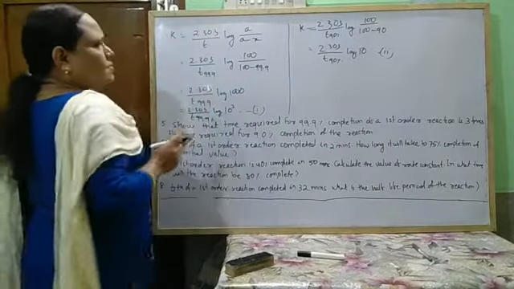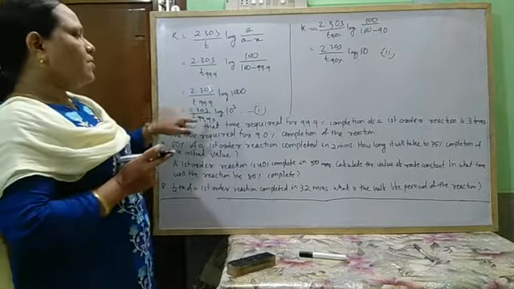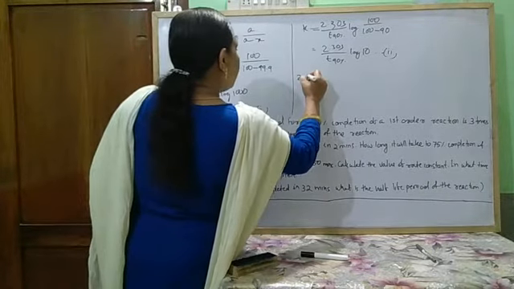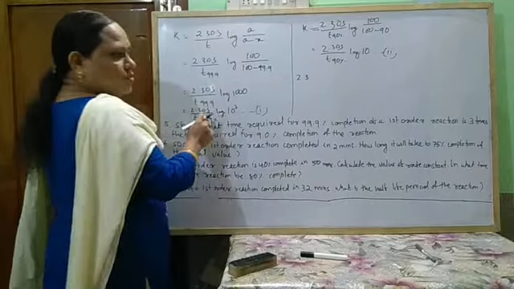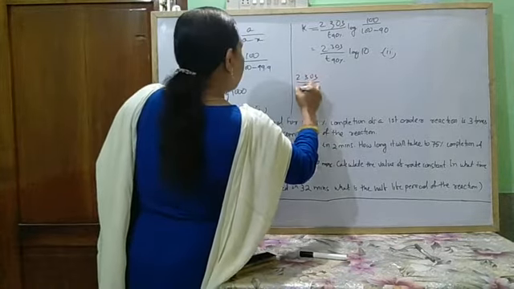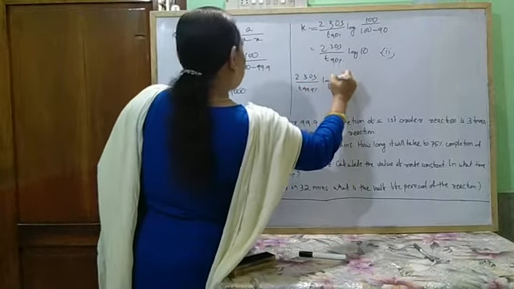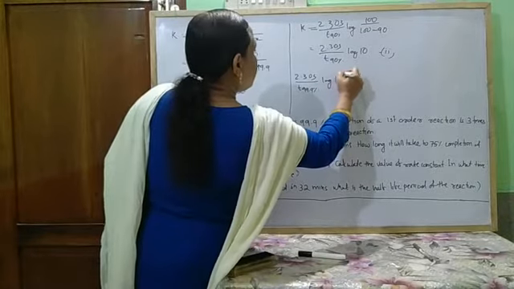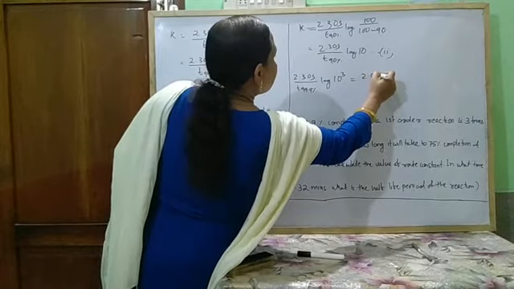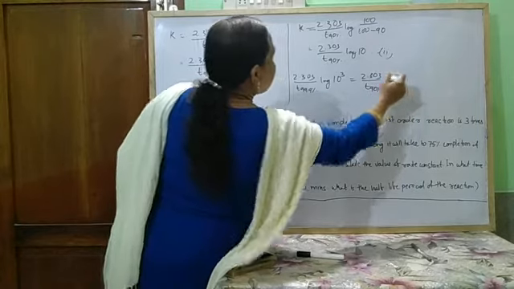Now for a particular reaction, K is constant. Comparing equation 1 and equation 2, we know this K value is constant. So 2.303/T(99.9%) × 3 log 10 equals 2.303/T(90%) × log 10.